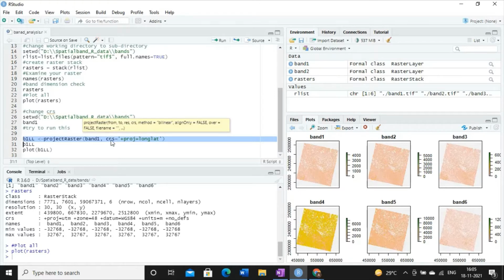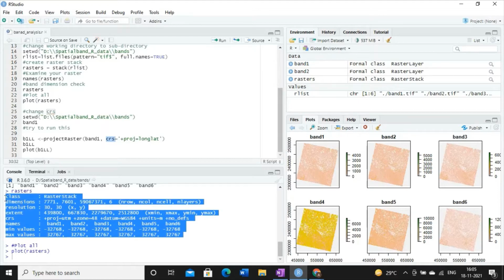And here there is a concept of CRS. Also try to remember that in the previous class, we discussed some properties of a specific band and stacking of that. So here we have concepts like CRS, resolutions, dimensions, everything.